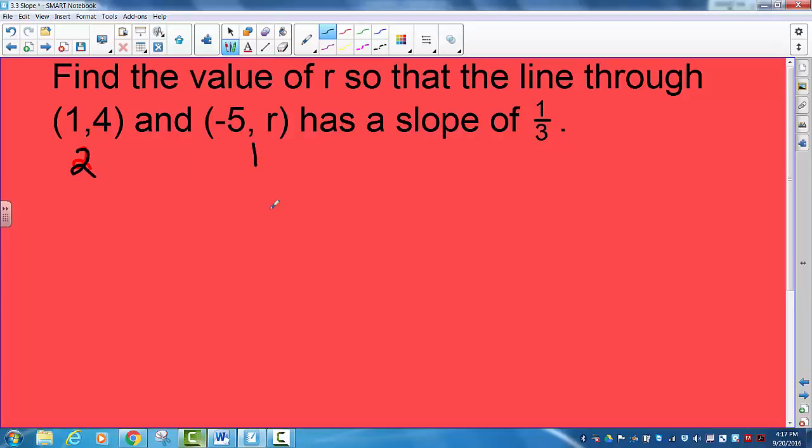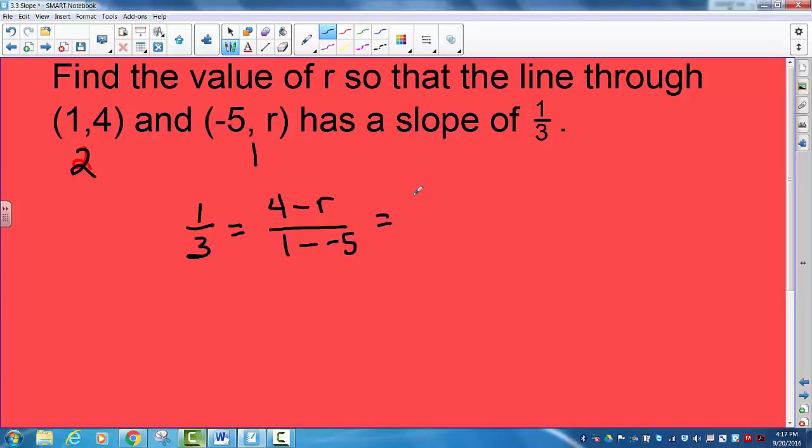And we say slope, which is m, and in this case we know the slope, so it's 1/3 equals y2, 4, minus y1, which is r, over x2, which is 1, minus x1, which is -5.